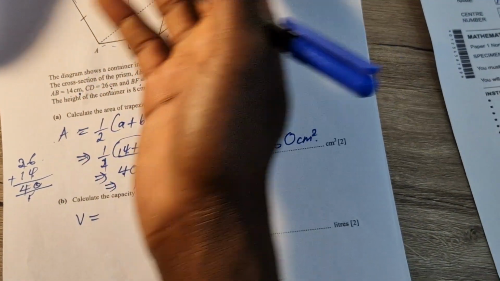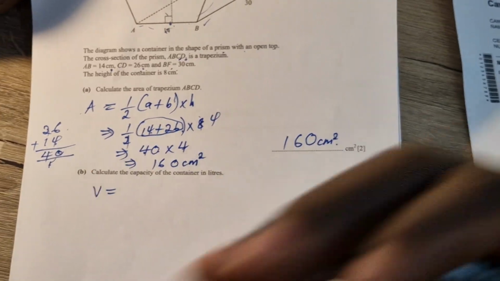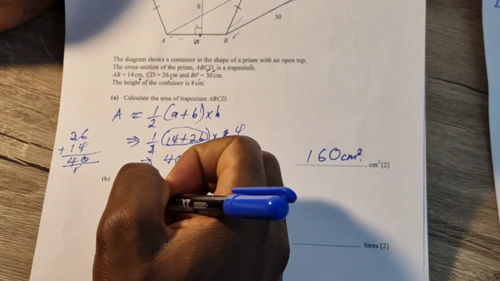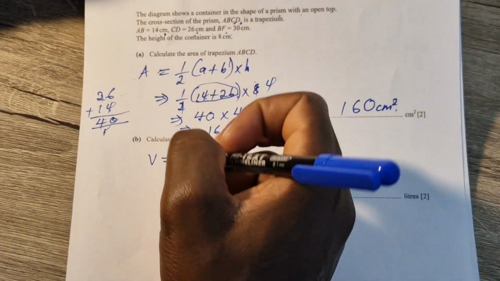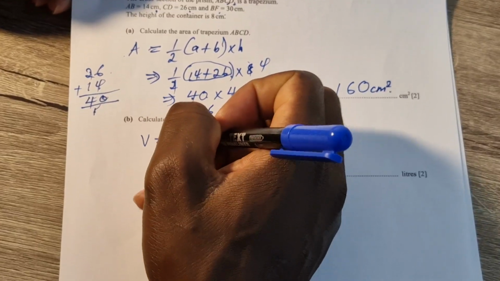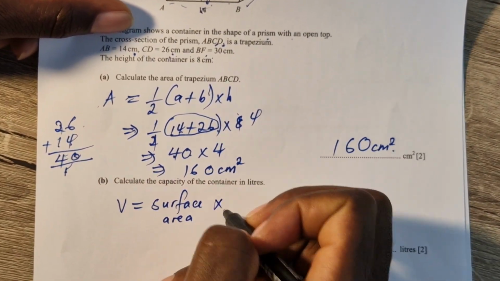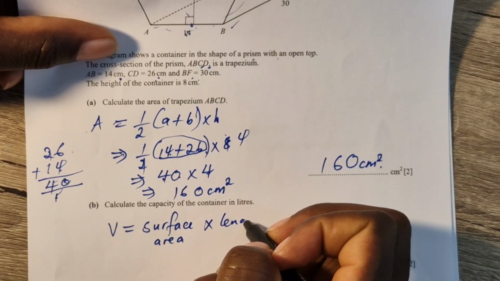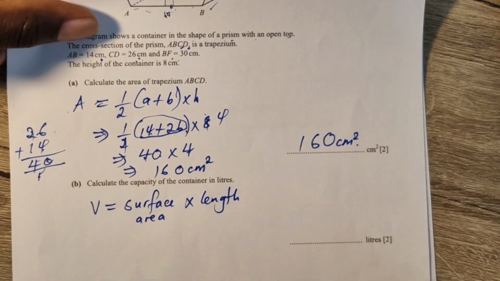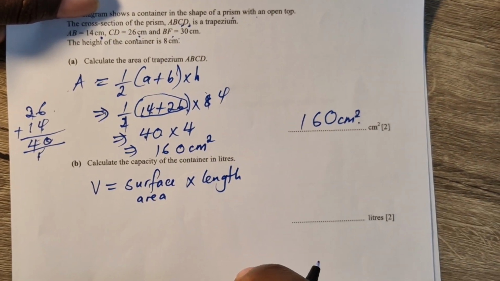Because it's a prism or a beam, we say volume of a beam or a prism is given by the surface area multiplied by the length of the beam or of the prism, right?